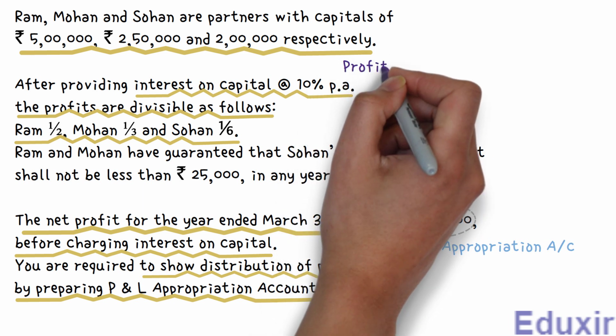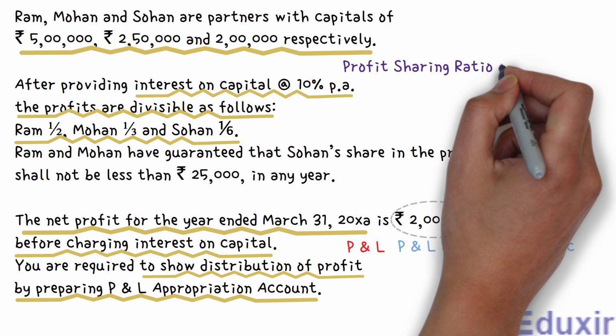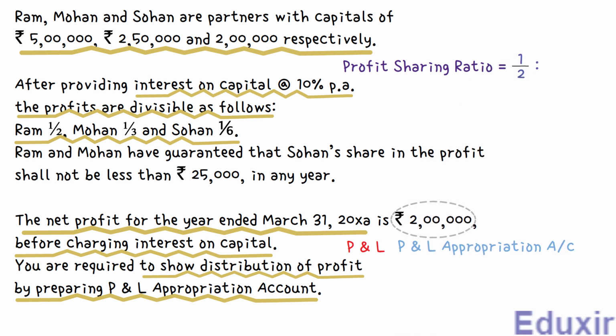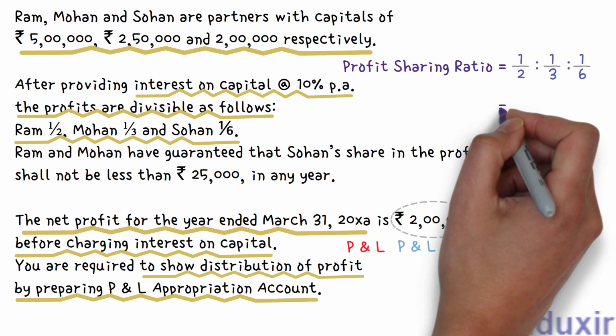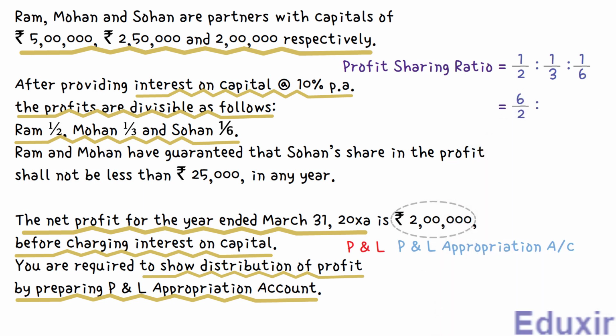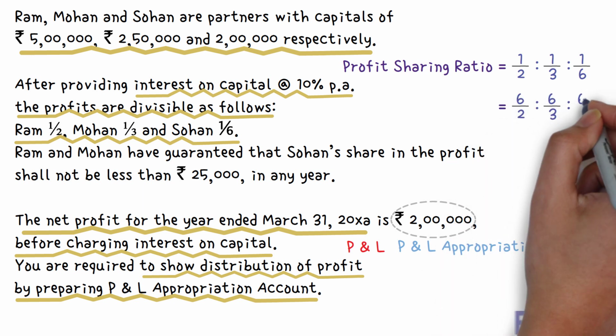So, the profit sharing ratio of these partners will be 1/2 is to 1/3 is to 1/6. Let's multiply all the fractions with 6. Why 6? Because 6 is the LCM of 2, 3 and 6. Also, as you know, when we multiply any ratio with a number, its value will not change. So, this becomes 6/2 is to 6/3 is to 6/6.